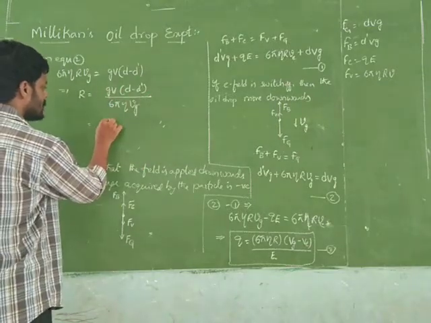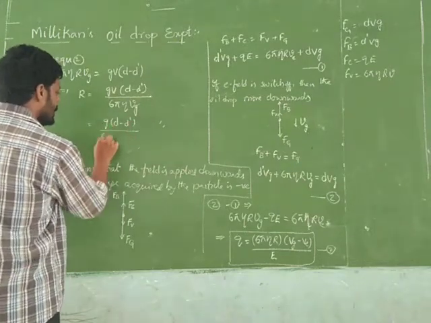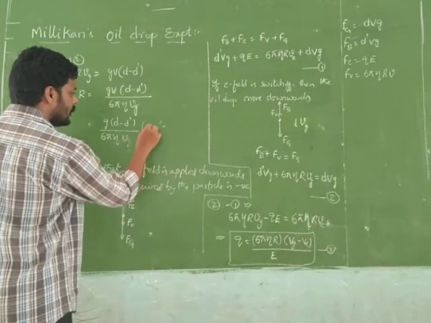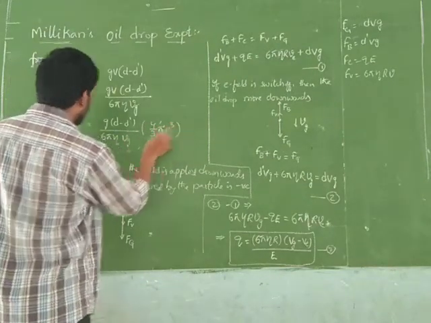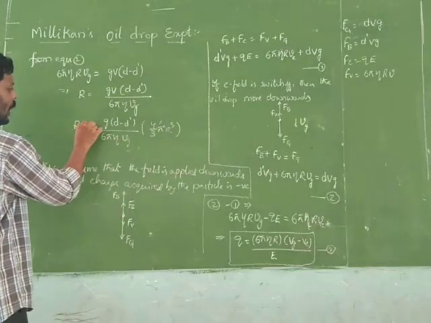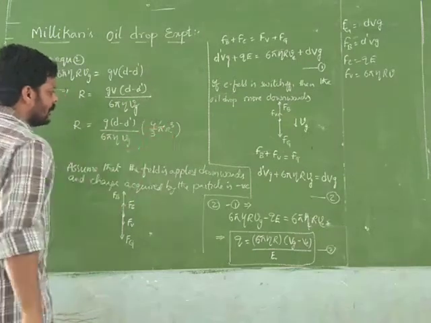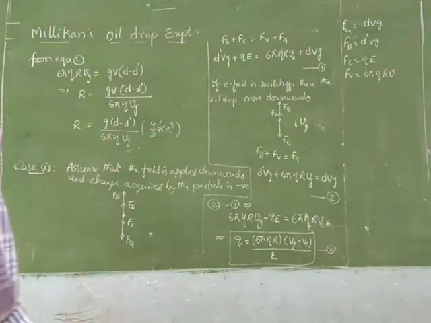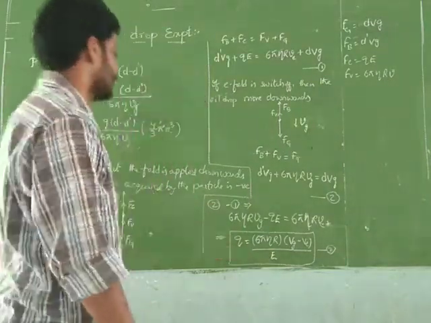So that is Z (d minus d prime) by 6 pi eta Vz times of 4 by 3 pi r cube. This is equal to r. Now pi gets cancelled. We can simplify this and find the value of r. Substitute the value of r in equation 3. We are getting the charge.